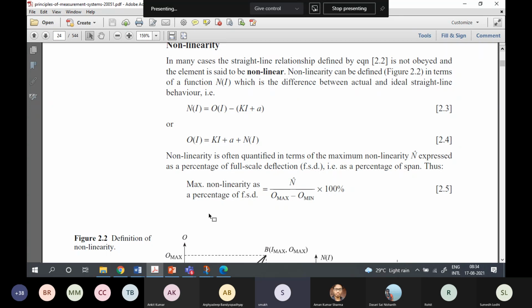The nonlinear effects are restricted to within 2% of the value. Often for instruments we see such a maximum nonlinearity. Now this 2% is 2% of what? You see this nonlinearity can happen. So 2% of what? You can say that it is 2% of full scale deflection.